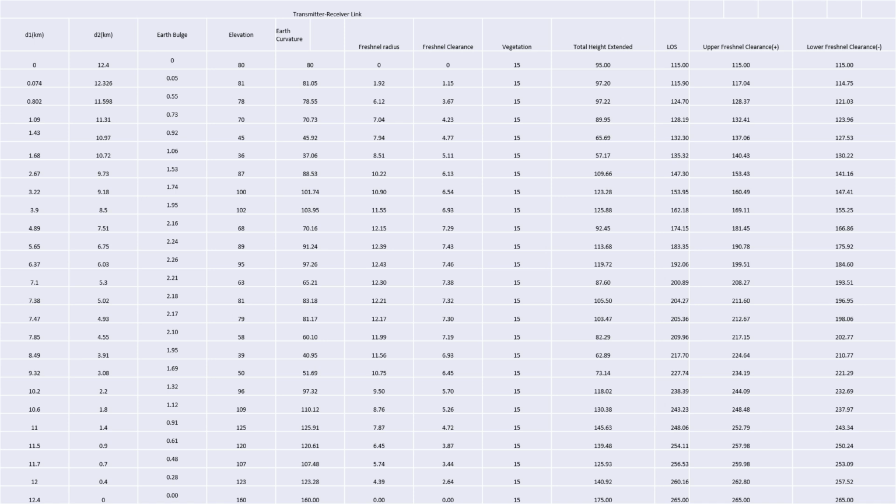And for earth curvature, the formula is earth bulge plus the elevation. Now, we go to the Fresnel radius.